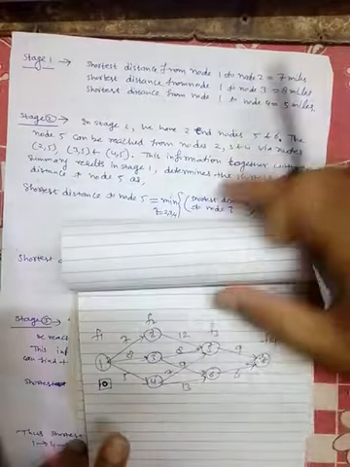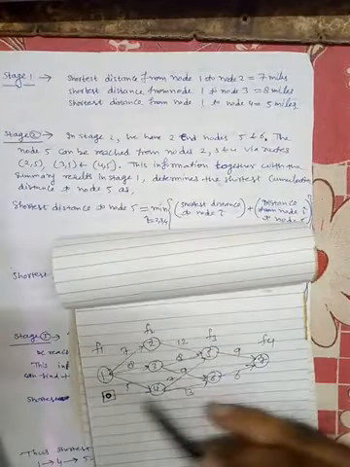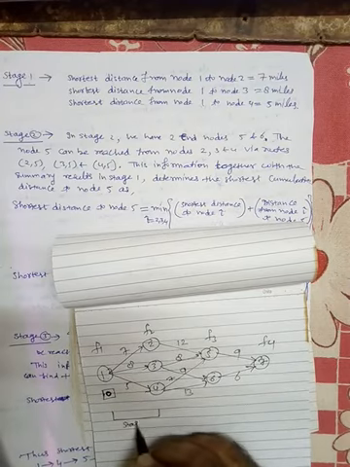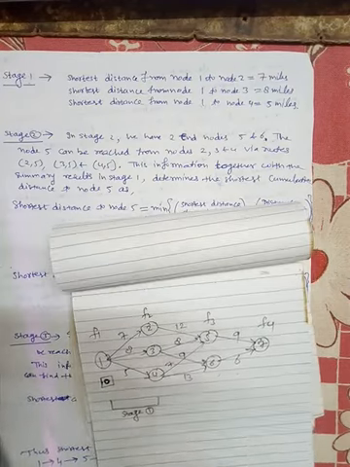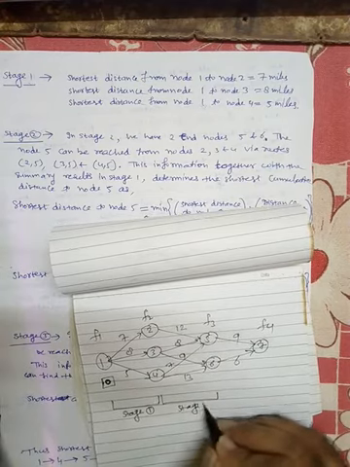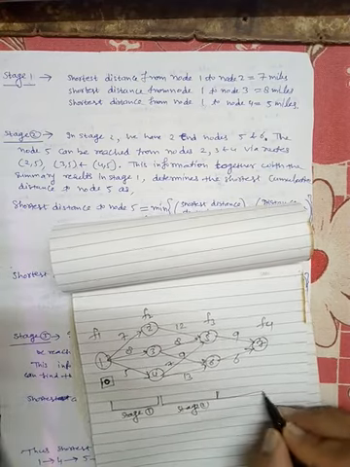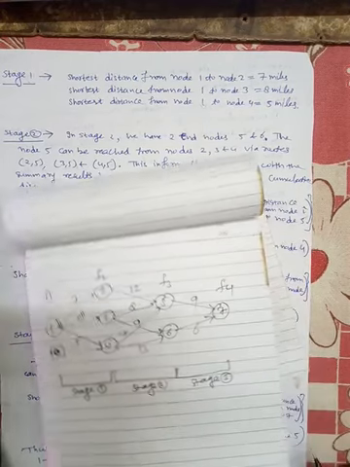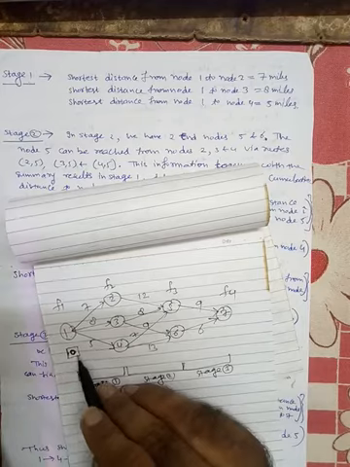Now stage 1. We are discussing this stage 1, from here to here. This is from here to here stage 2, and from here to here stage 3. ठीक. Now this is 0.